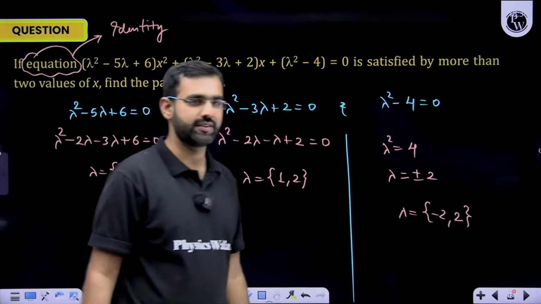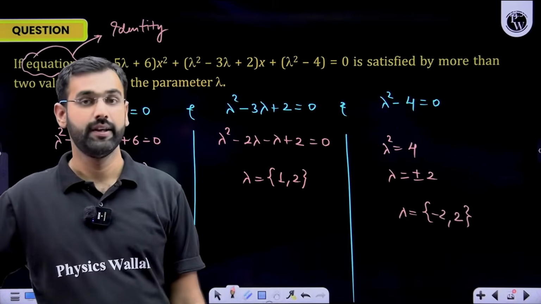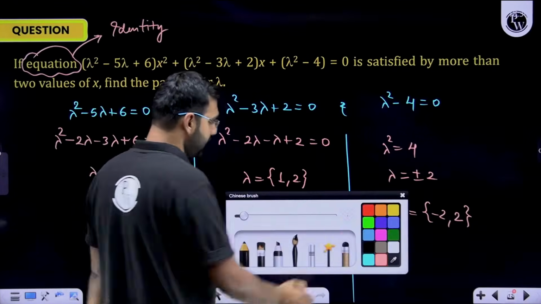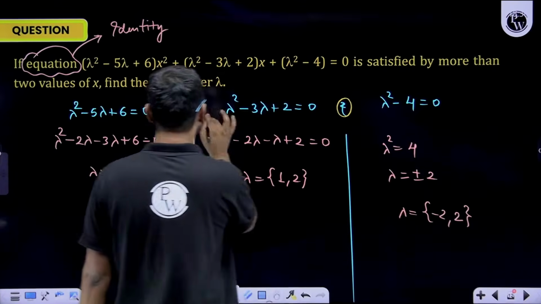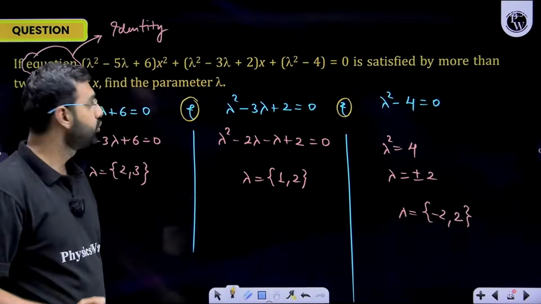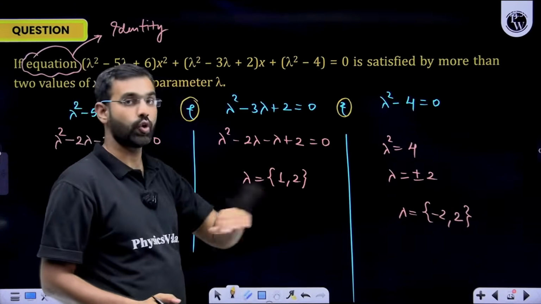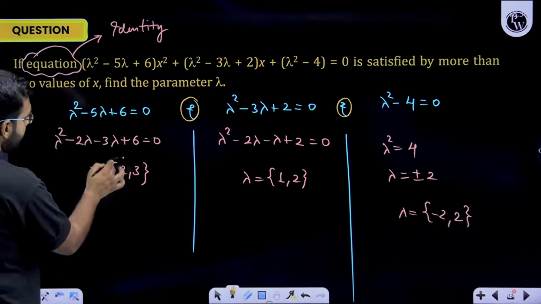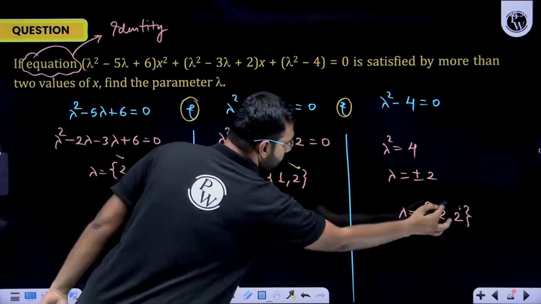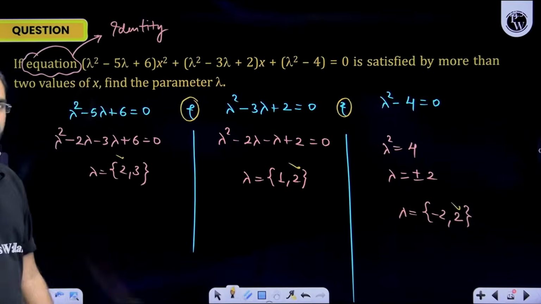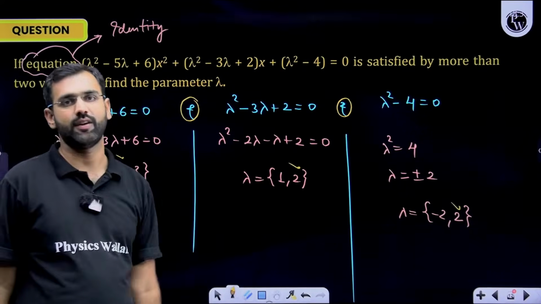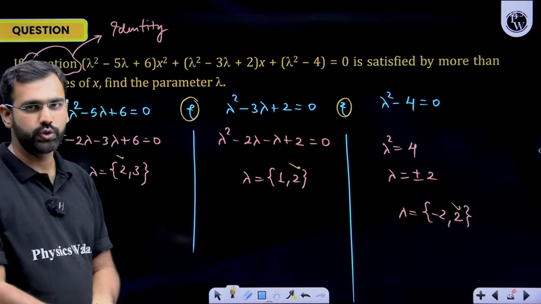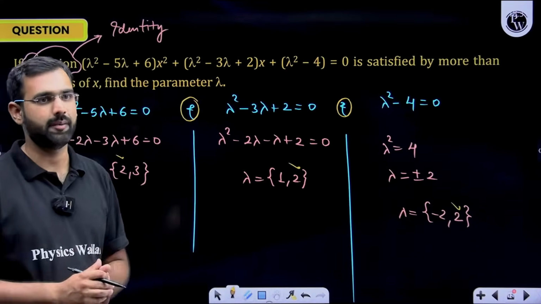But I hope you are understanding, definitely what I need to do is take the intersection, because I need to take a value of lambda so that all three of them become 0, which is happening with the intersection. 2 is there, 2 is here as well, and 2 is here as well. So 2 is that common value for all these equations, where if I put lambda as 2, all of them will simultaneously become 0.